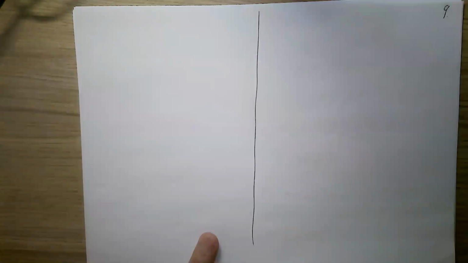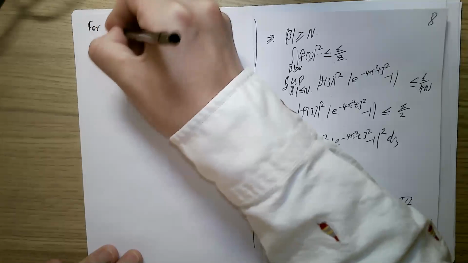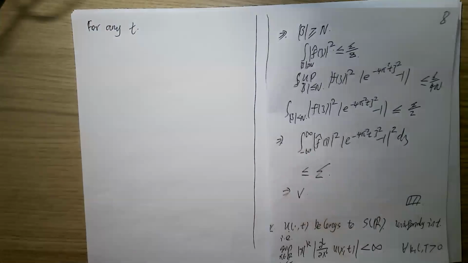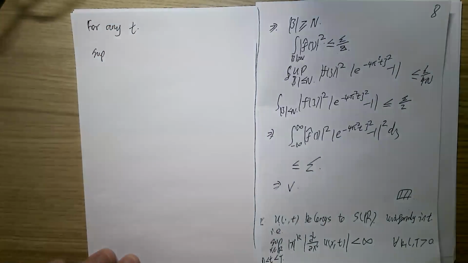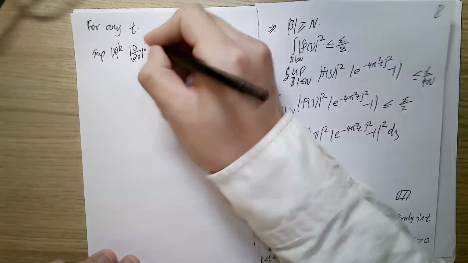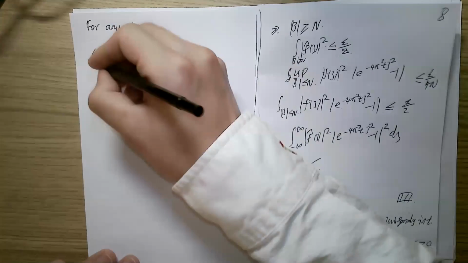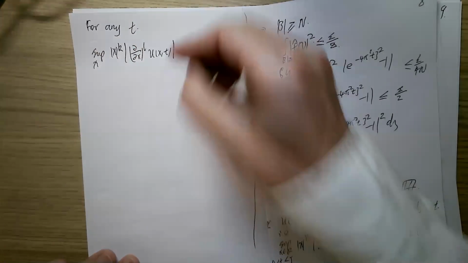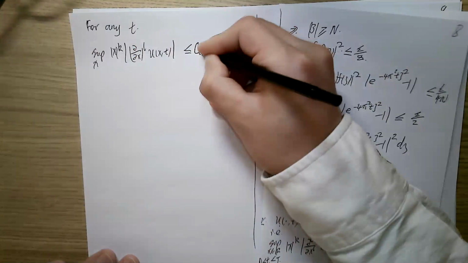Well, if we write it in slightly more detail, for any given t, for instance t equals 100 or 200 or whatever, the supremum or the maximum of x to the power k, partial x to the power l acting on u, is less than or equal to some constant that depends on l, depends on k, but also depends on t, right?